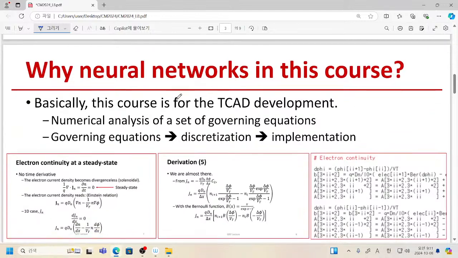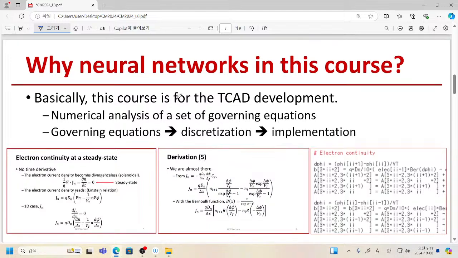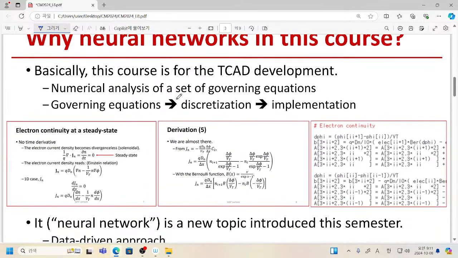In this course, computational microelectronics, our way of thinking is shown below. Basically, this course is for TCAD developers. By enrolling in this course, you will learn how to program your own TCAD programs.